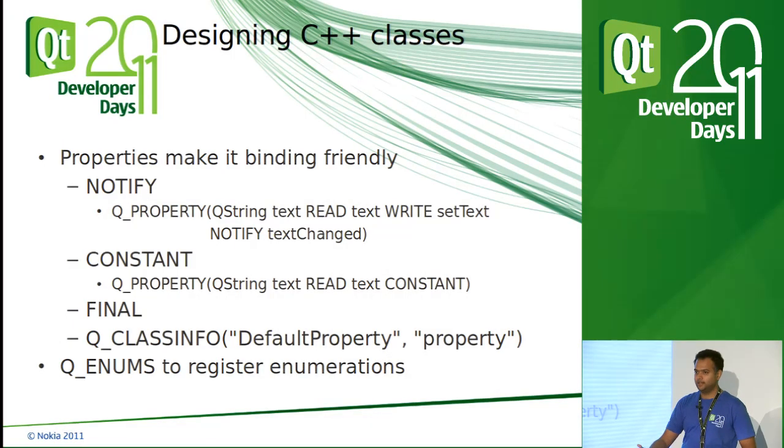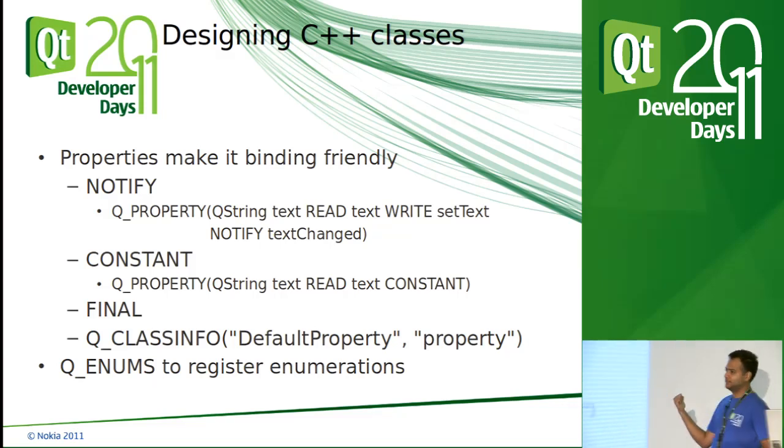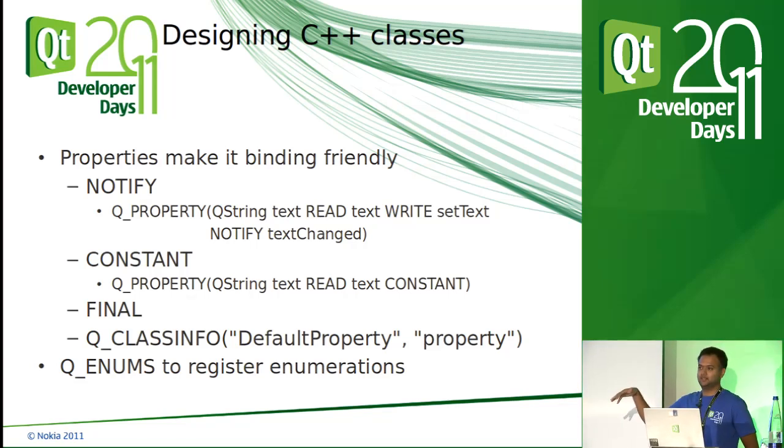So what you can do is mark properties as final in the C++, and the QML will give you a warning if you try to create new properties with the same names as the C++ ones. So if you say property int x on any item in QML, it's going to give you a warning because x is marked as final in C++.